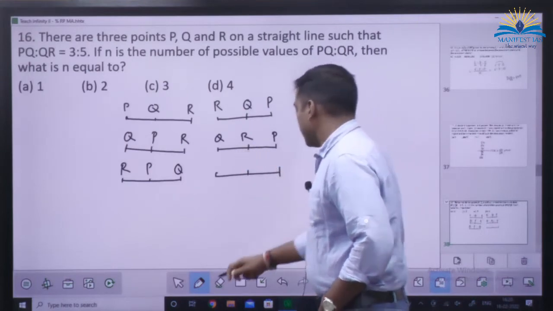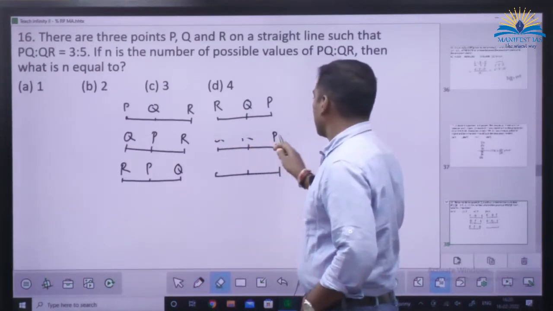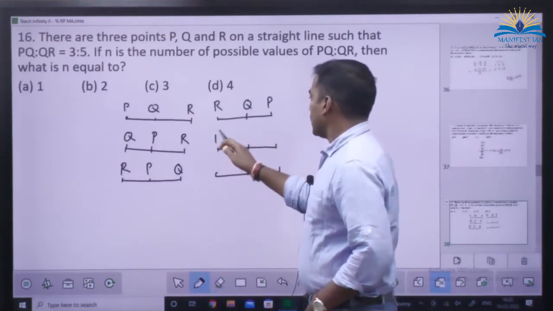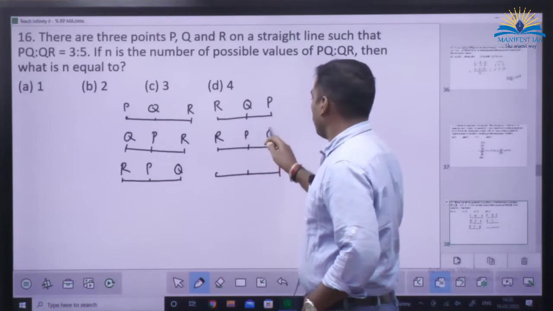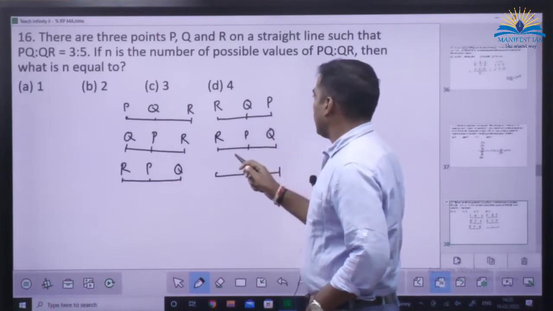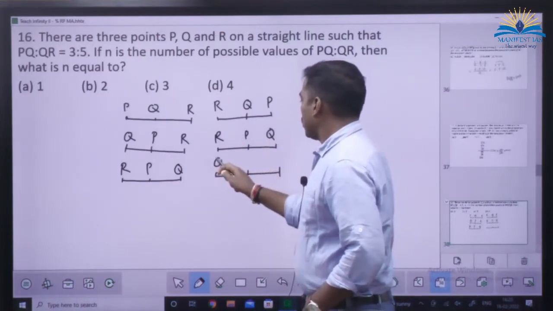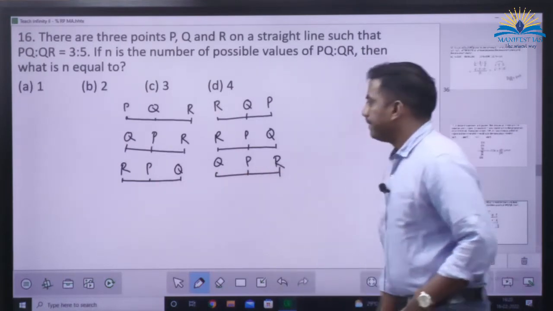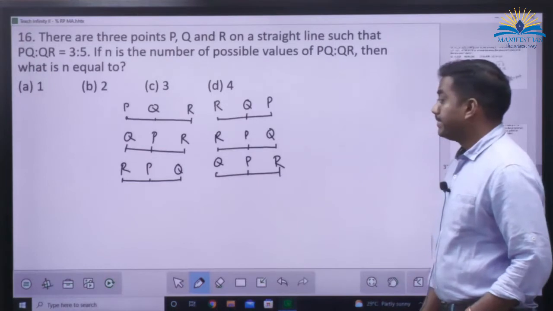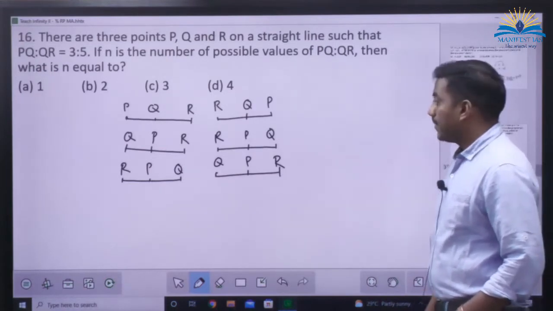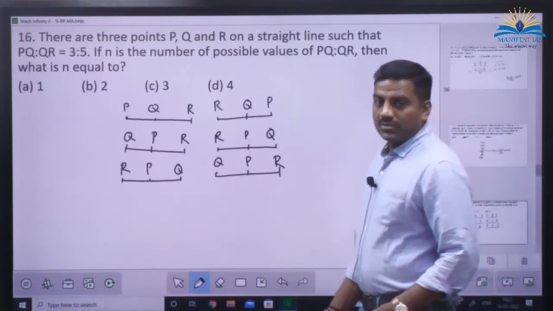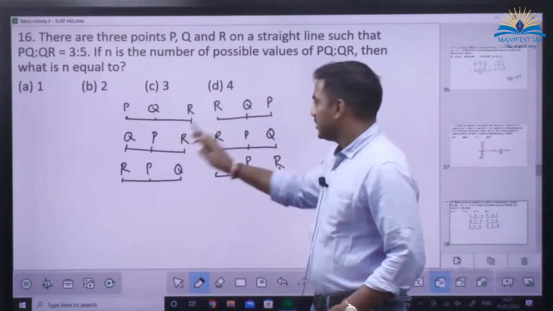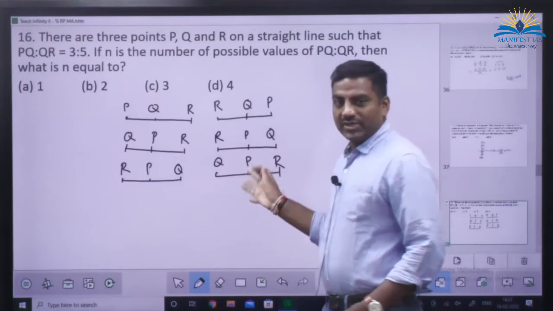Okay, sorry. Reverse it. R, P, Q here. So Q, P, R. All I have written, this is the reverse of this, this is the reverse of this, this is the reverse of this.